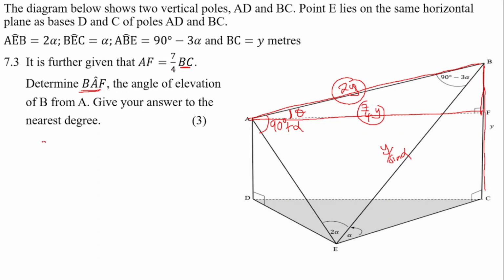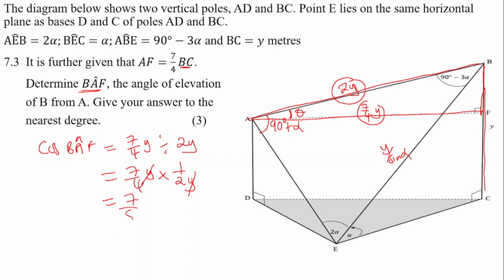So cos BAF is equal to the adjacent side, which is 7 over 4y, divided by 2y. So it becomes 7 over 4y times 1 over 2y. Then y divided by y is 1, and we remain with 7 over 8.